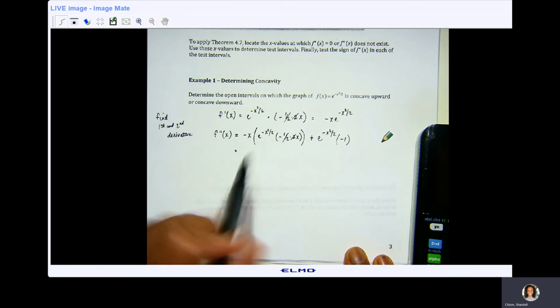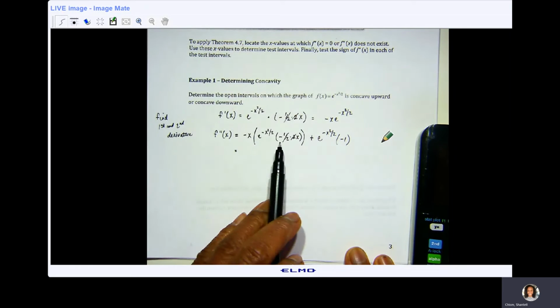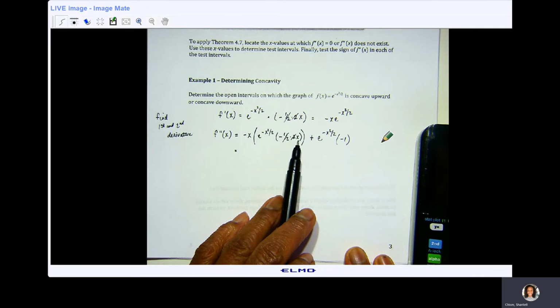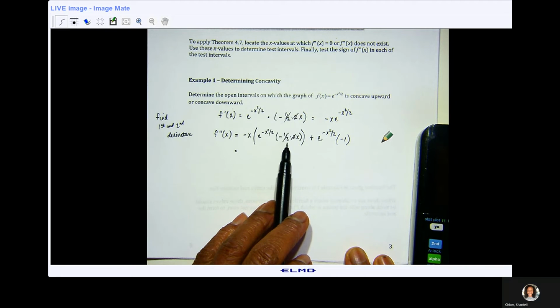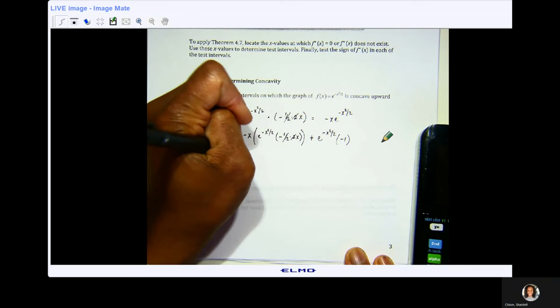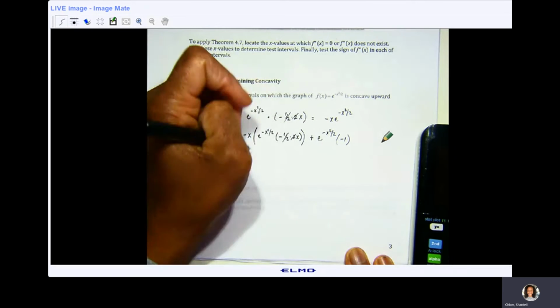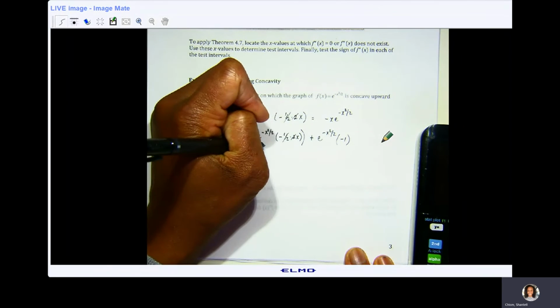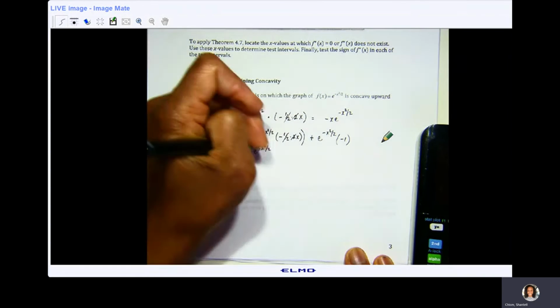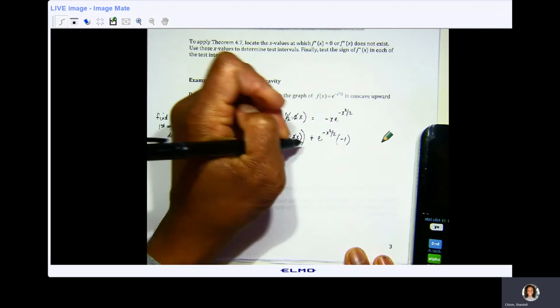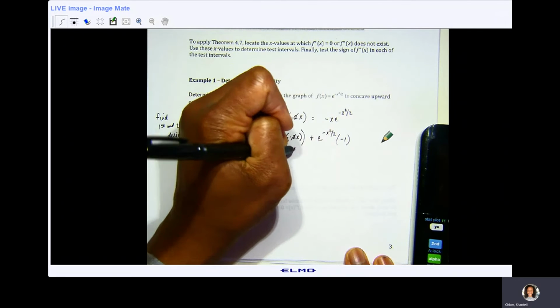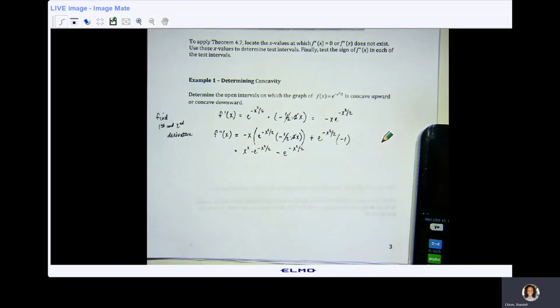So technically, you've got x squared times e to the negative x squared over 2, then minus e to the negative x squared over 2. So that's what I have currently.